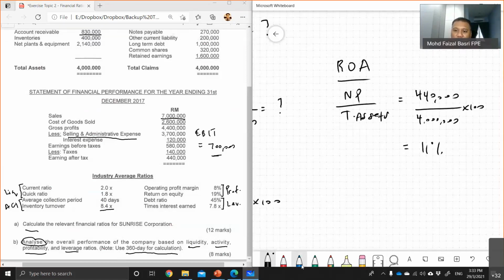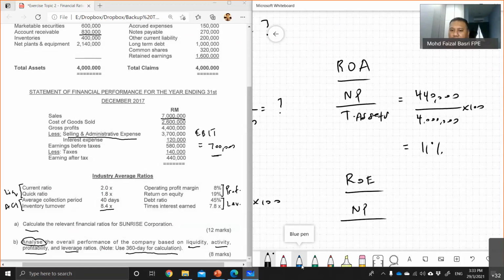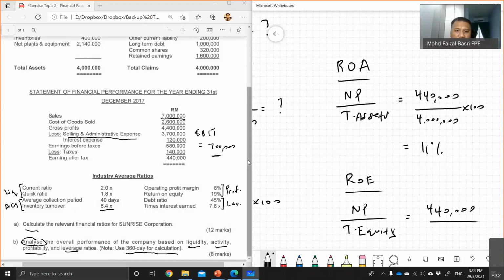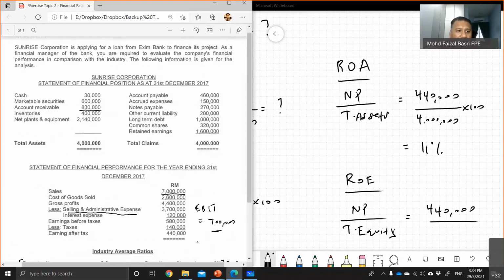For the second one, return on equity, ROE, it is still net profit, but we divide by total equity. Net profit is still the same, 440,000. But for our equity, if you remember last week, I split these two. As a recap, we divided until here.